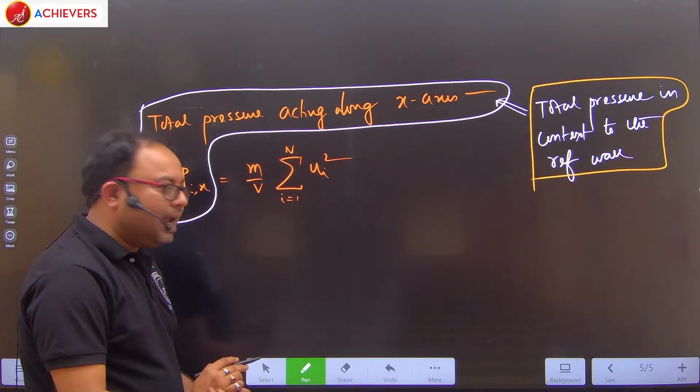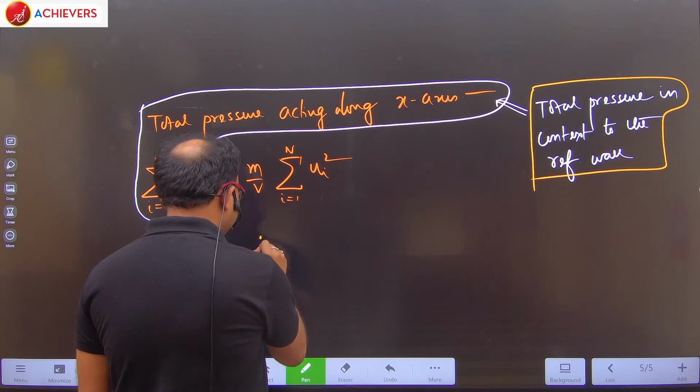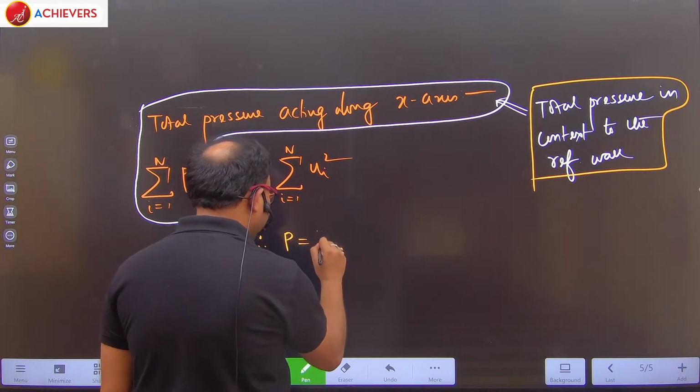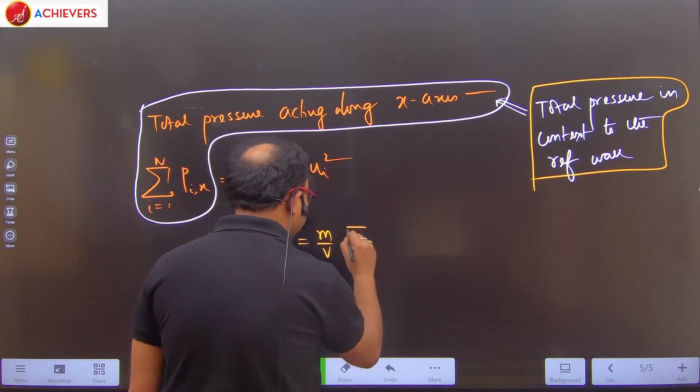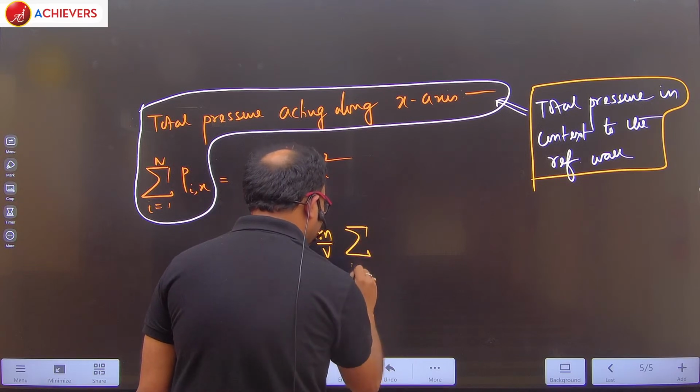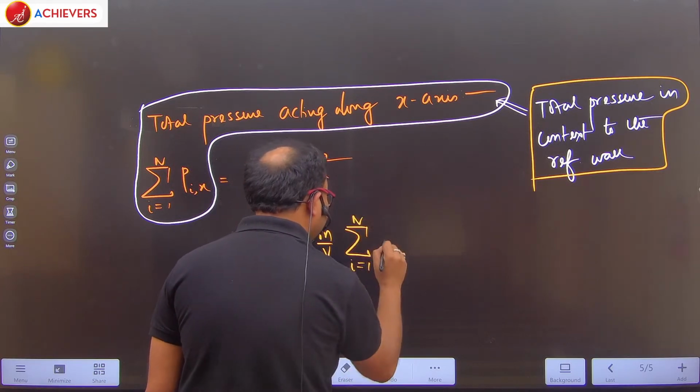So one will write simply P equal to m by v multiplied by the summation over i equal to 1 to n of ui square.